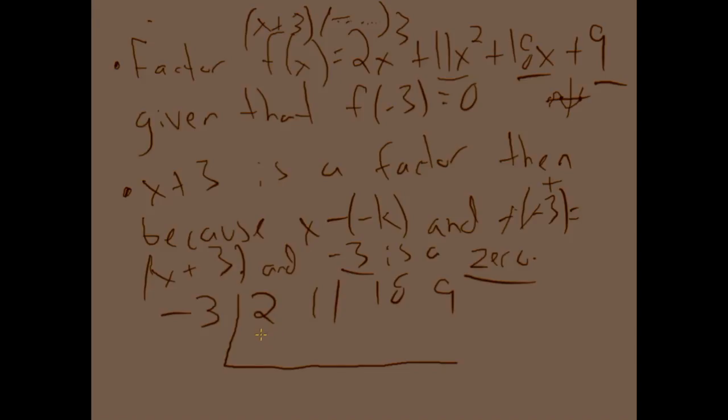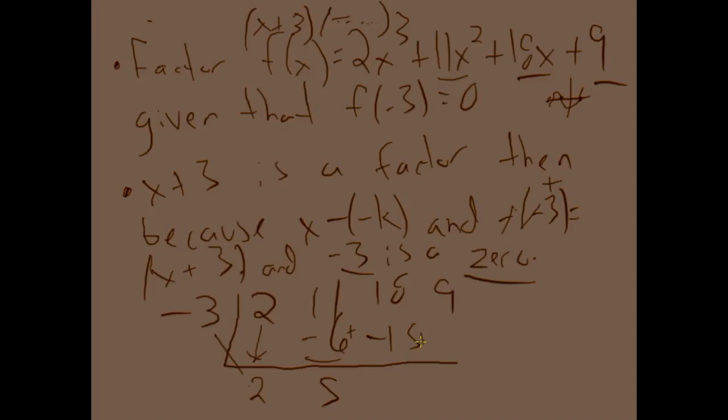So the first step, bring down that 2, right? And then what do we do next? We multiply these two: 2 times negative 3, which is negative 6. And then we add these up: 11 minus 6 is 5. 5 times negative 3 would be negative 15.